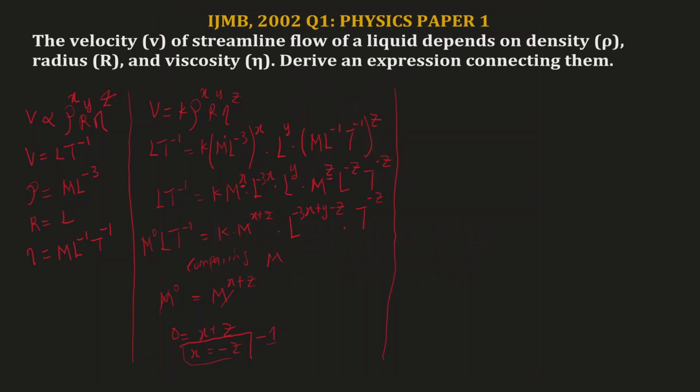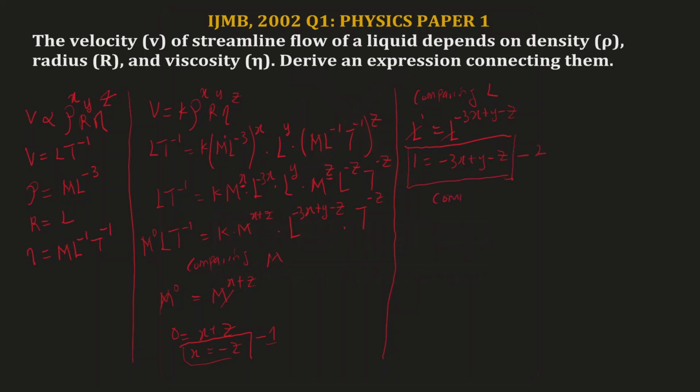The next thing we do is compare for L. On the left-hand side, we have L to the power of 1 equal to L to the power of negative 3x plus y minus z. Now, L cancels L, and we have 1 equals negative 3x plus y minus z. I'll just leave it this way to make things simpler. So let's call this equation 2.